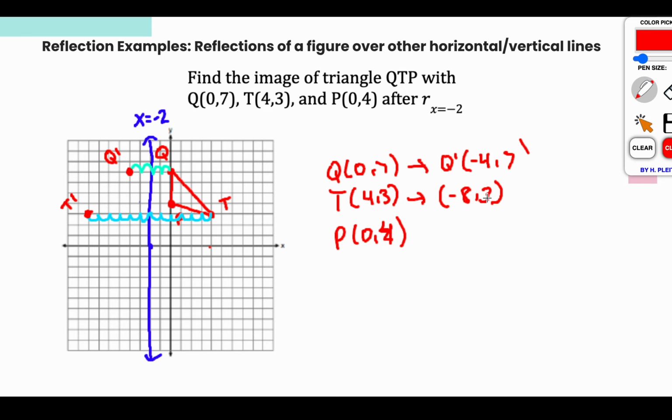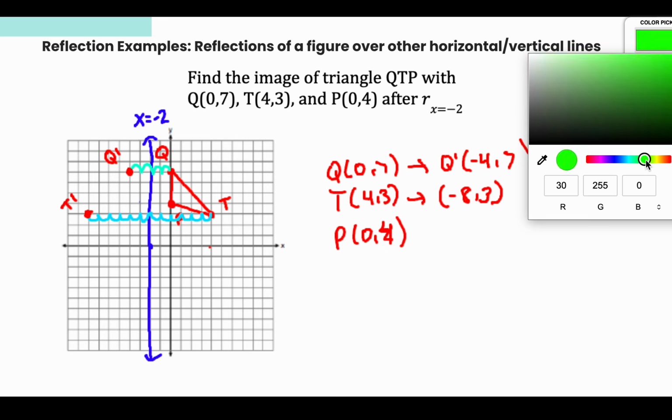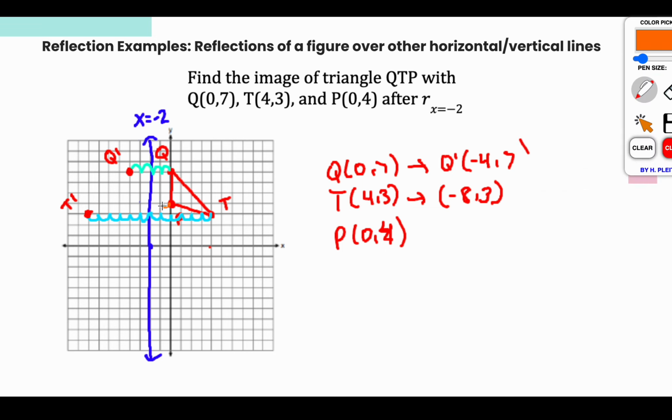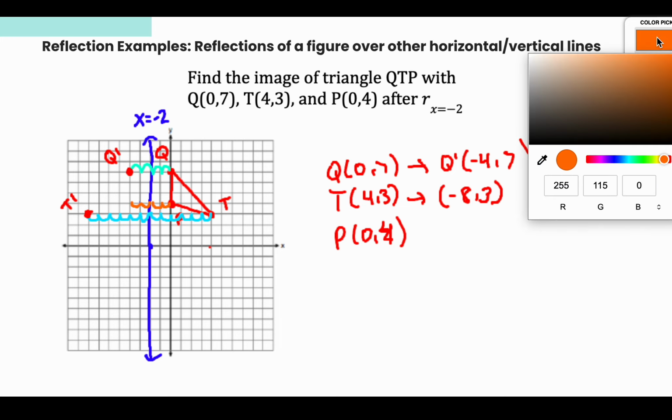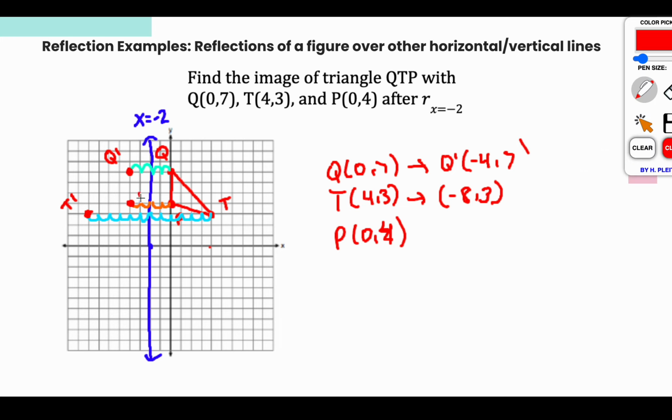And then last but not least, we can do P prime. So P is 2 units away from our line of reflection. So we go 2 units again from our line of reflection. So we get P prime to be located right here, and that is at -4, 4.